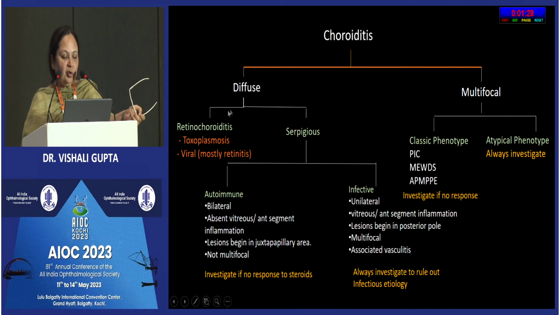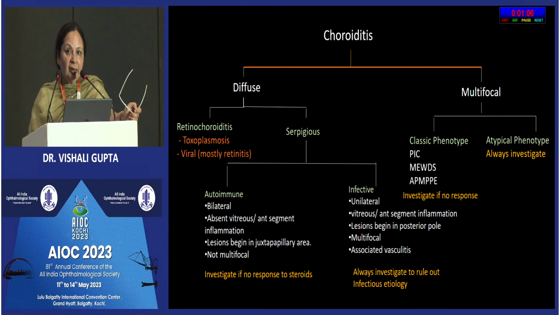If it is diffuse, do a simple OCT and see if the retina is involved or it is primarily the choroid involved. If it is the primary involvement of retina and the choroid is just secondarily involved, it could be toxo or viral. If it is primarily choroidal involvement and it is diffuse choroiditis, it is serpiginous choroiditis.